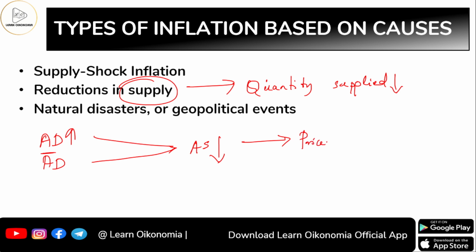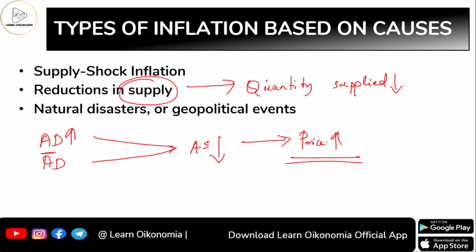Again, if there is something called flood in an agricultural area, so what will happen? There would be a crop loss, and for the same reason, there would be a shortage in supply. Aggregate supply would be coming down. If there is just in one particular area a crop loss or crop damage, that might not create that much impact.